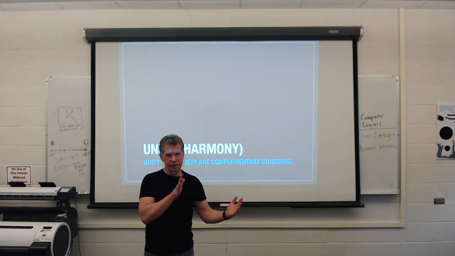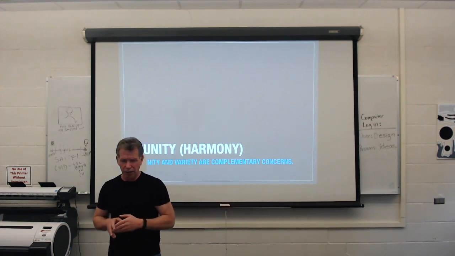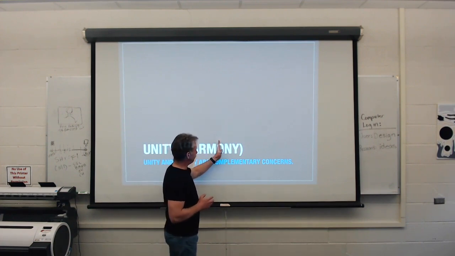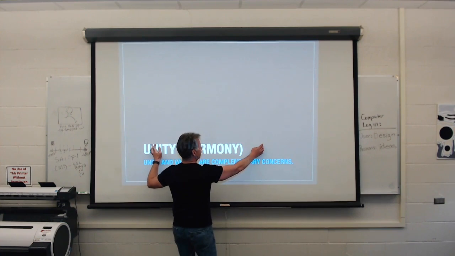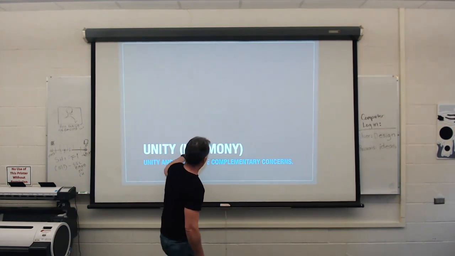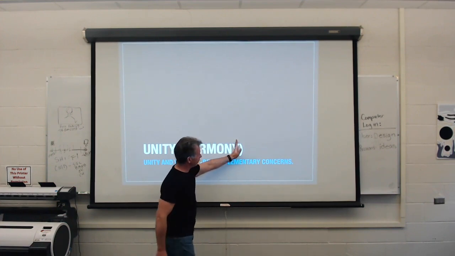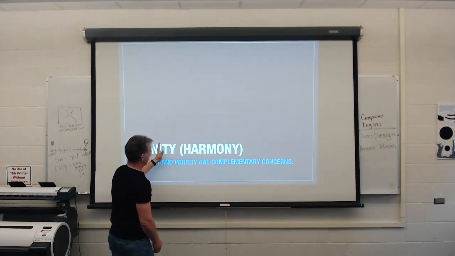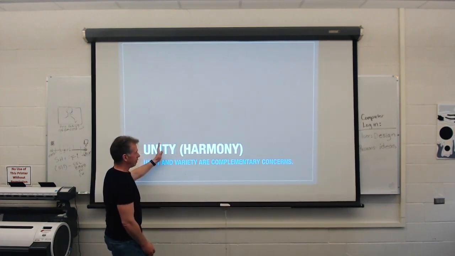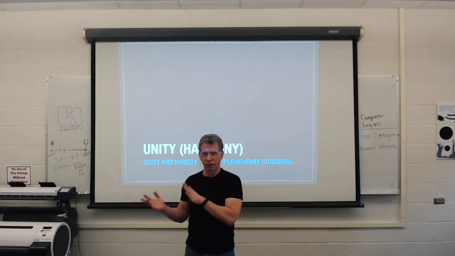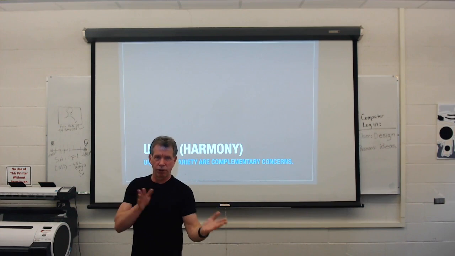One is the opposite of the other. If you think of it as like a slide rule, like say we do 50% right in the middle, and here's the ends. If we slide that, say we have 60% unity, that means that 40% is variety. If we have 60% variety, then only 40% of unity. They're part of the same thing. They just work the opposite.